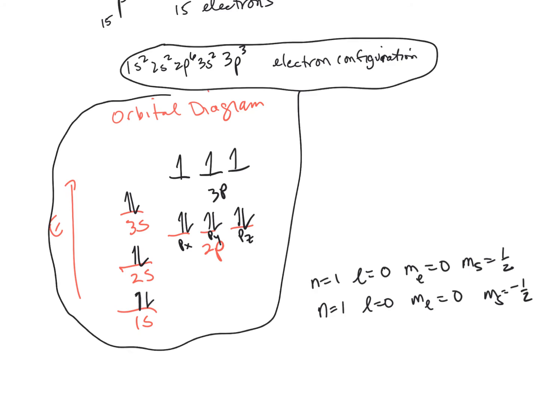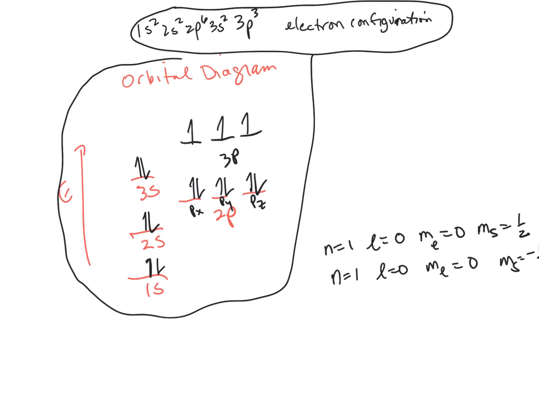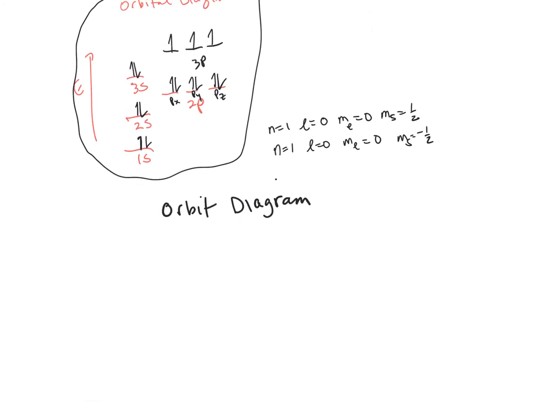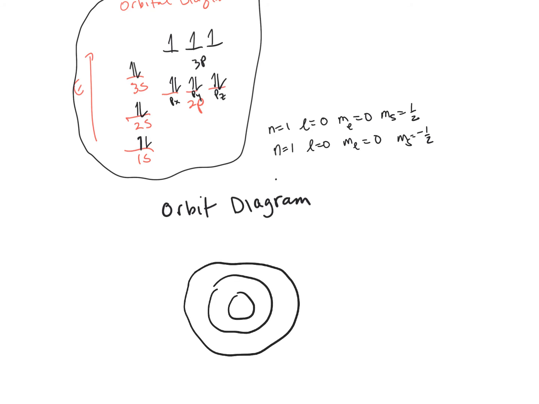And now let me end with the orbit diagram. The orbit diagram is the circles, the old classical idea that the electron goes around the nucleus. And you have n equals 1, n equals 2, n equals 3.